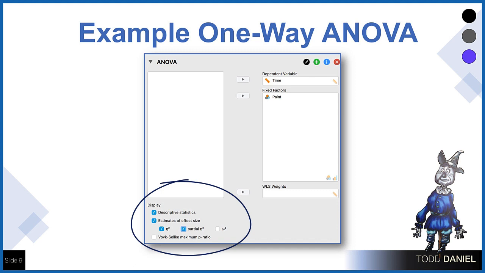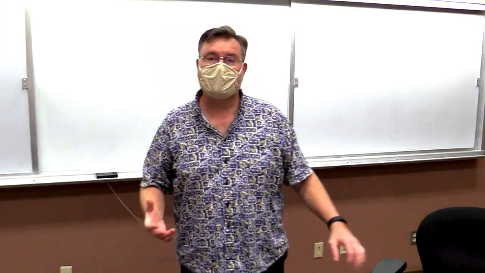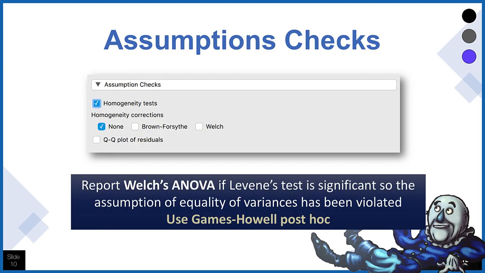So always be sure to get those descriptive statistics and check the assumptions. So for the one-way ANOVA, the assumptions are going to be exactly the same as they were for the independent samples t-test. Be sure to check for homogeneity of variance, which you do first just by checking the box under assumptions checks for homogeneity.